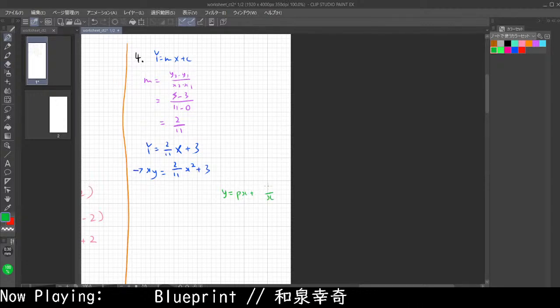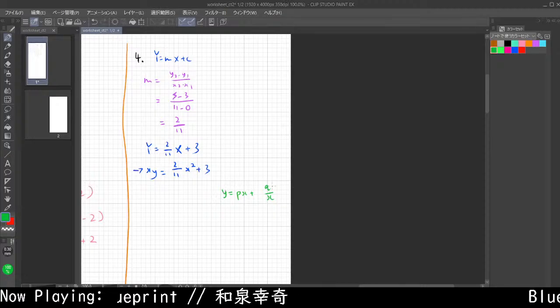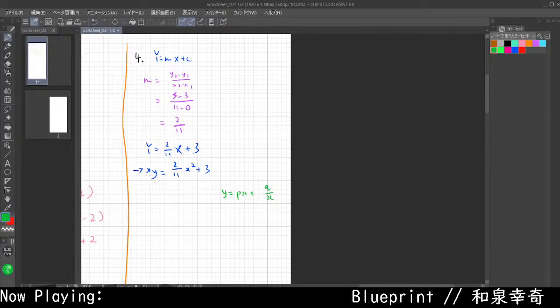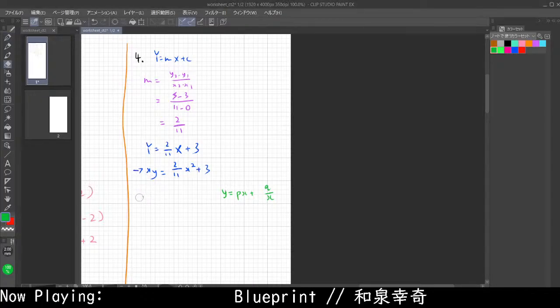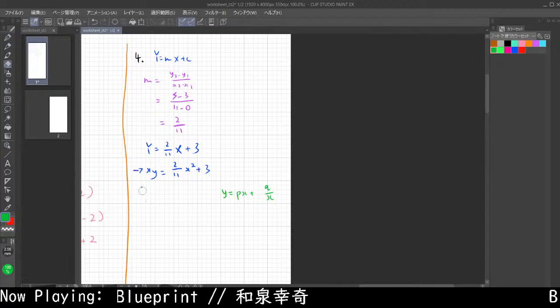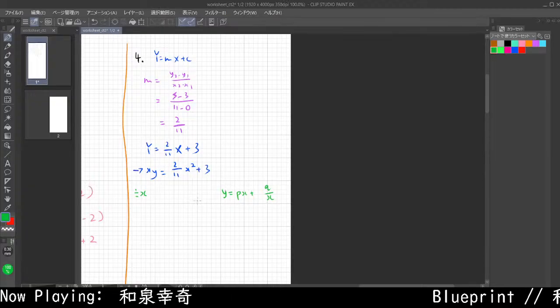So you want to make your y the subject. So how do you make y the subject? In this case, for xy to turn into y, you want to divide the entire thing by x, or in more accurate terms, you want to multiply the entire thing by 1 over x. But dividing something out is easier to visualize, so let's just use that. xy, you divide by x, you get y.